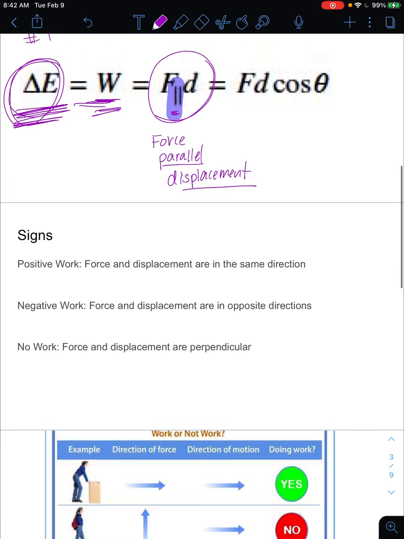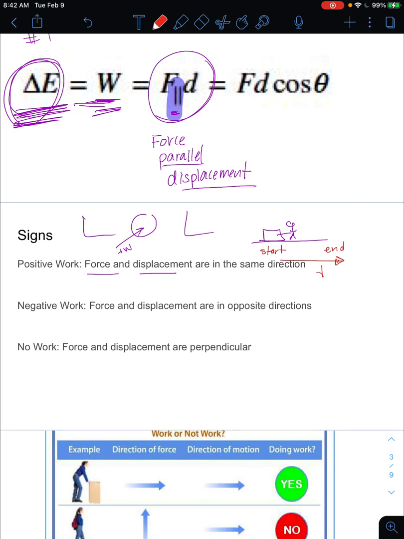So, work is positive if you are putting energy into a system. Positive work would make the object gain energy. Positive work happens when your force and your displacement are in the same direction. So if you have a box and you're pulling the box and your displacement is to the right, when we're labeling our displacement, we're going to label it from start to end.